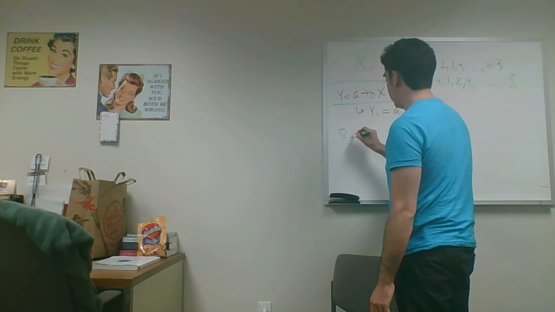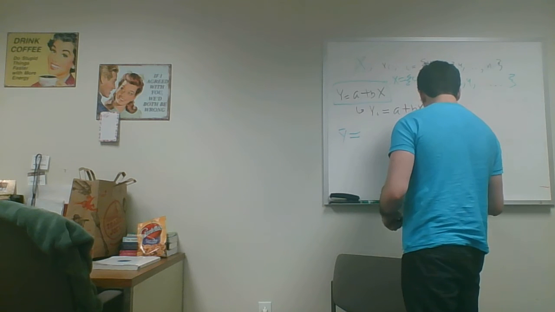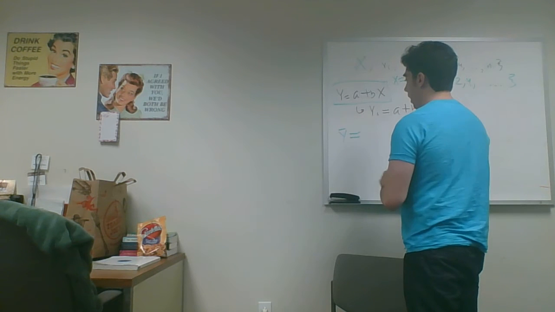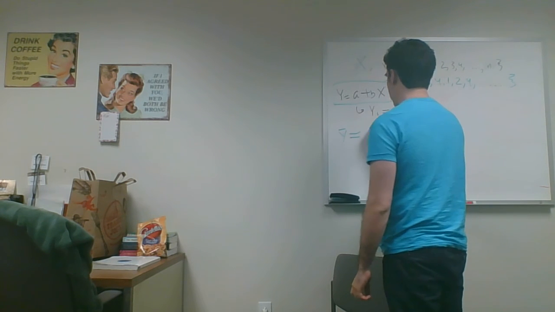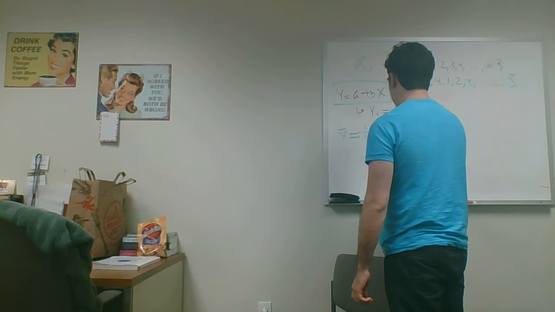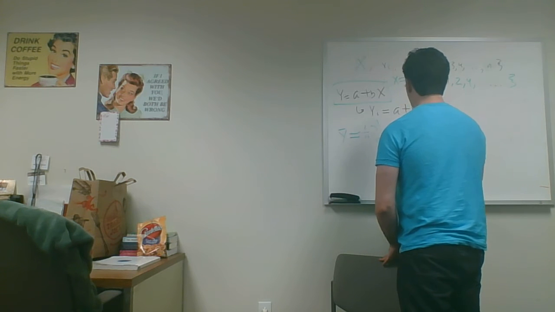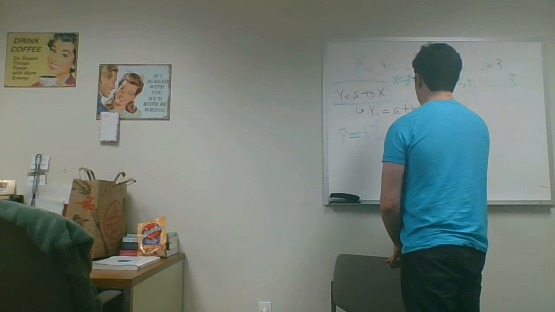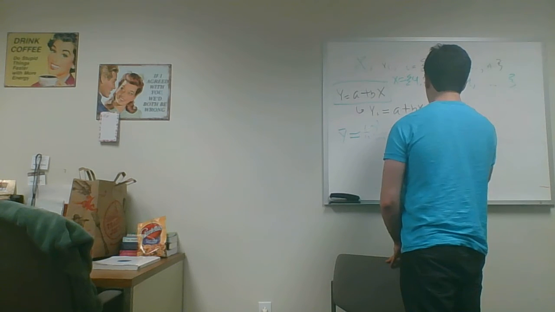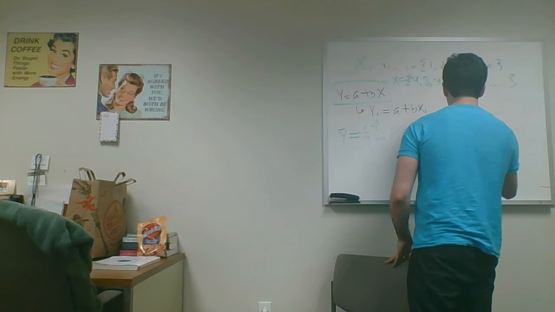So y bar. Let me see if the blank pen is working now. So I have y bar. y bar is equal to 1 over n, sum of i equals 1 to n of all the yi's, which is equal to 1 over n, sum i equals 1 to n of a plus b xi.